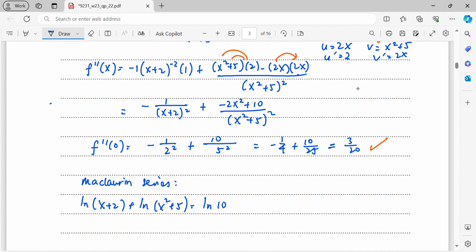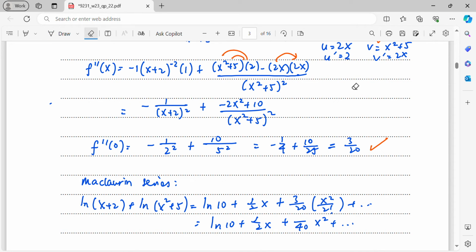So ln 10 plus half x plus 3 over 20 times x squared over 2 factorial. Then I will simplify this into ln 10 plus half x plus 3 over 40 x squared. So that is my Maclaurin series. Okay, so done for the first question.